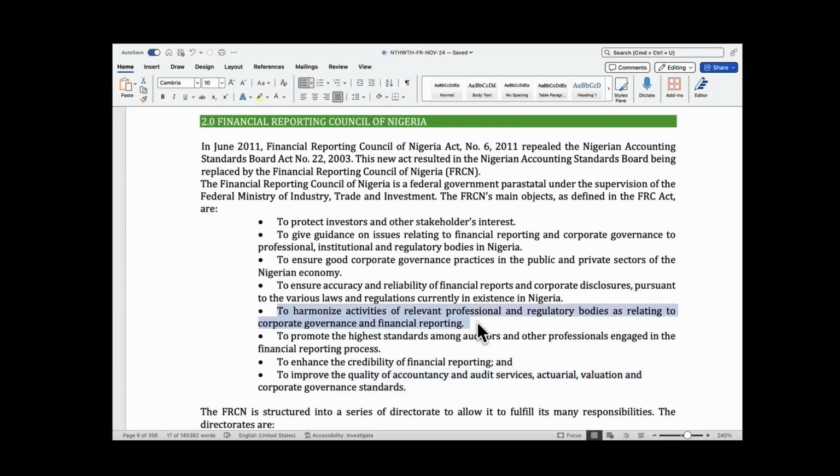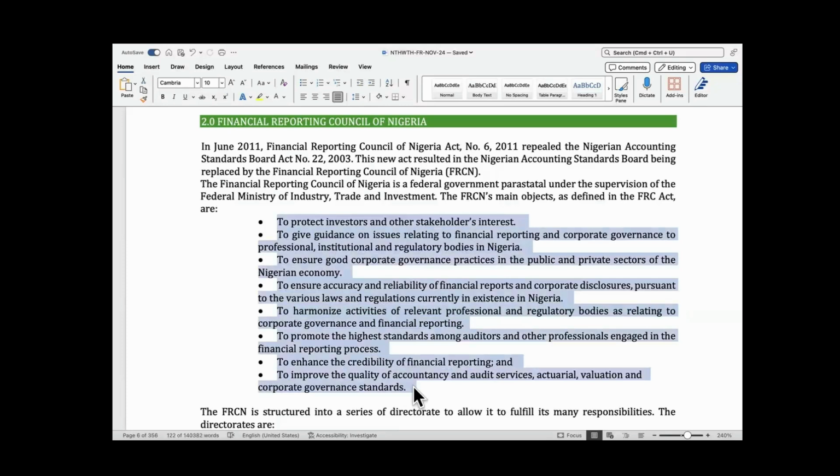The ICAN of this world, the CITN of this world, the ANAN, all of these professional regulatory bodies, they harmonize them. So FRCN ensures that they are peaceful. They ensure that they are actually a professional body and doing the right thing that they should do. Okay, so I think I've given you like 8 points here.